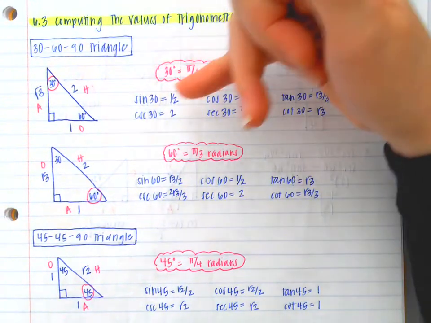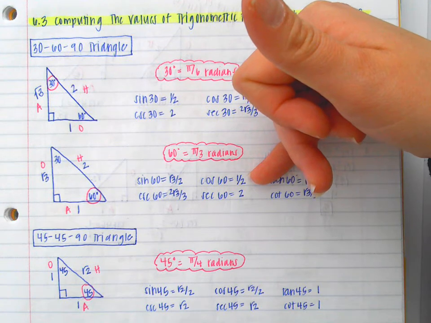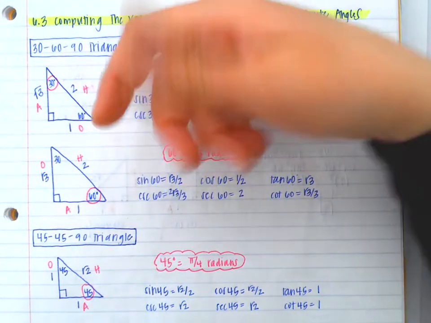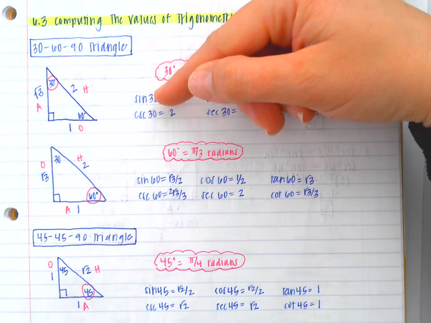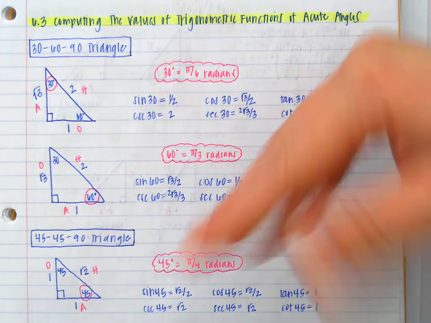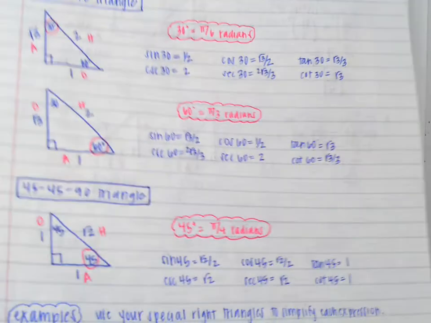That's why sine matches up with cosine: the opposite and the adjacent flipped. So instead of opposite over hypotenuse, it's now adjacent over hypotenuse. So that's what the complementary angles theorem is saying.